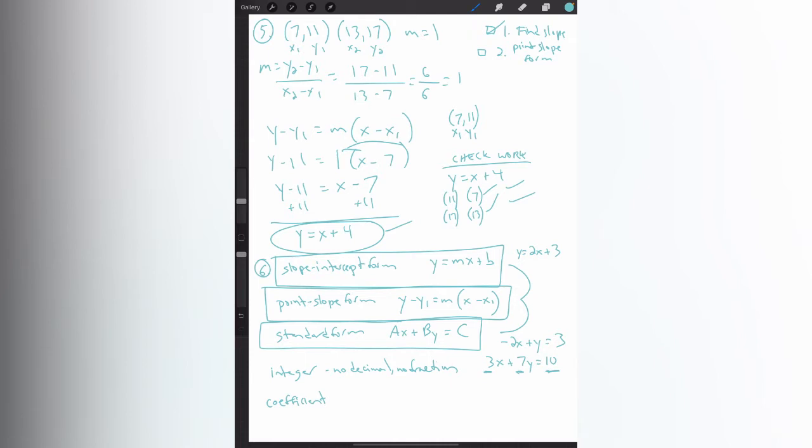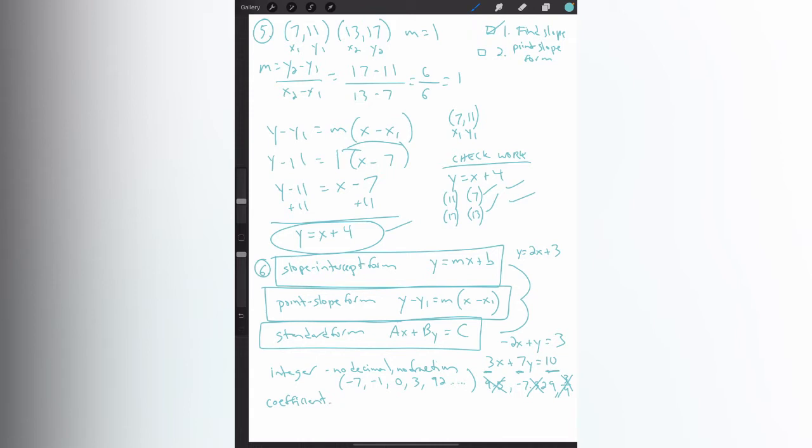Okay, so integer examples could be like -7 or -1 or 0 or 3, I don't know, 92. There's a lot of integers. There's no decimal, no fraction. If I were to say like 9.5 or -7.329, these would not be integers, or even a fraction like 3/4, right? That's not an integer.